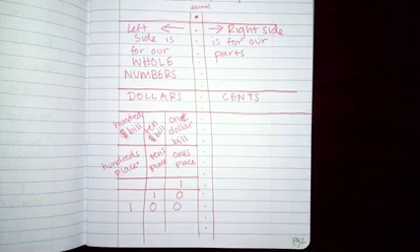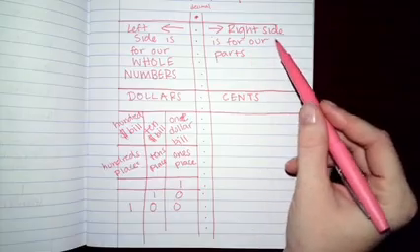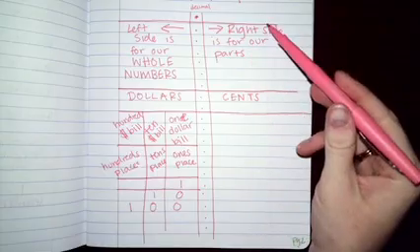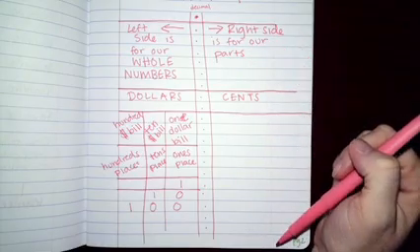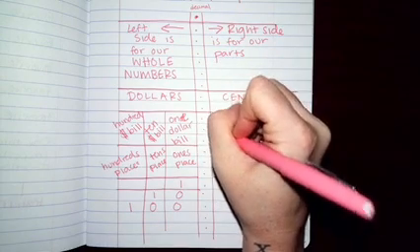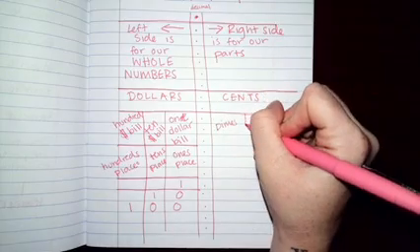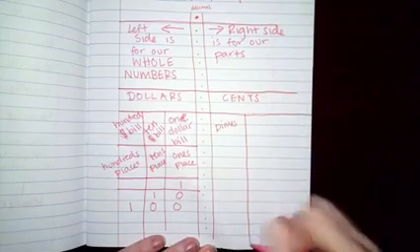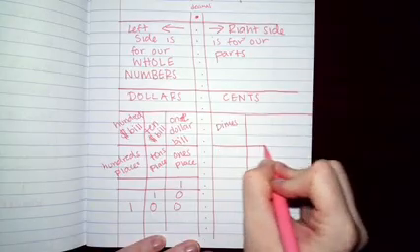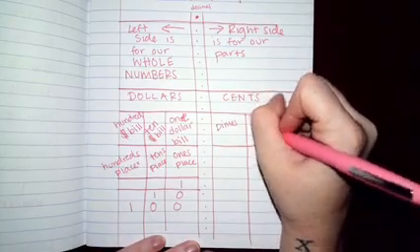Now we're going to do cents. So on the right side, this is for our parts. These are our cents. So the way to think about them is, this is for your dimes. And this is for your pennies.